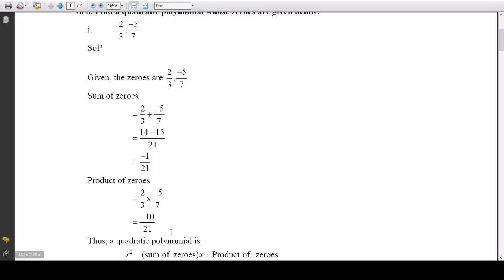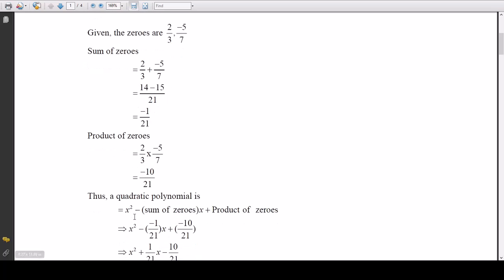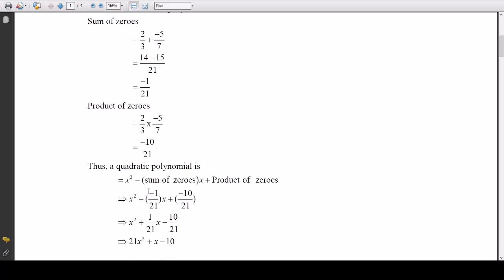Thus, a quadratic polynomial from the given sum and product of zeros, you just substitute in this formula for a quadratic polynomial: x square minus sum of zeros x plus product of zeros. Sum is how much? Minus 1 by 21. Product is minus 10 by 21. Here minus with minus is plus, 1 by 21 x plus minus 10 by 21.